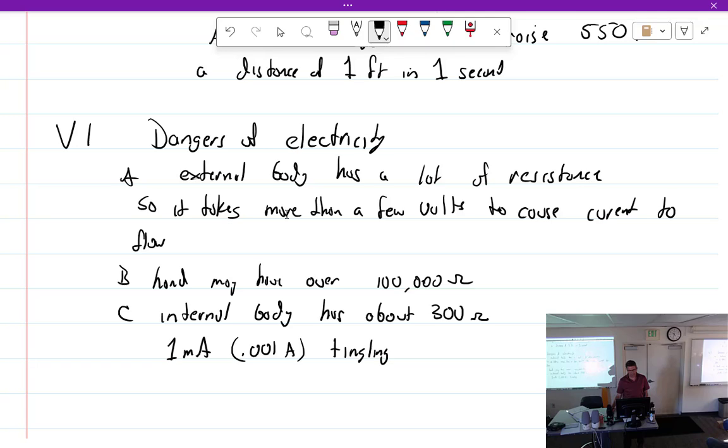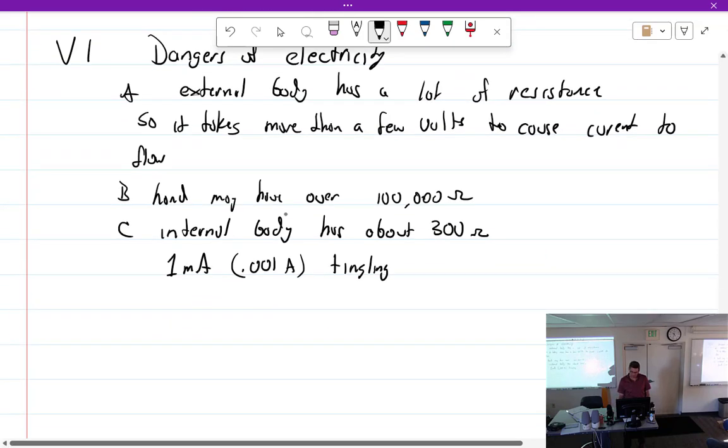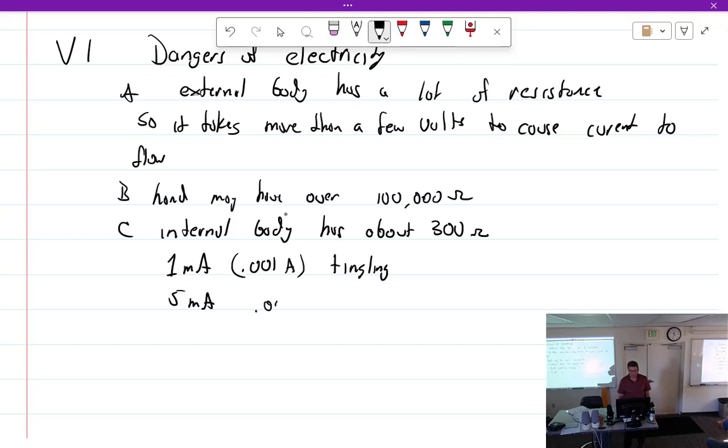It's about 1 milliamp. 5 milliamps, that's 0.005 of an amp. That is the accepted max harmless current. It's not very much.